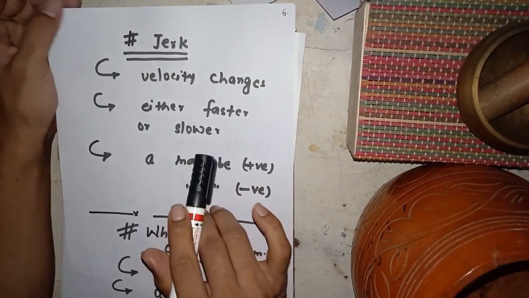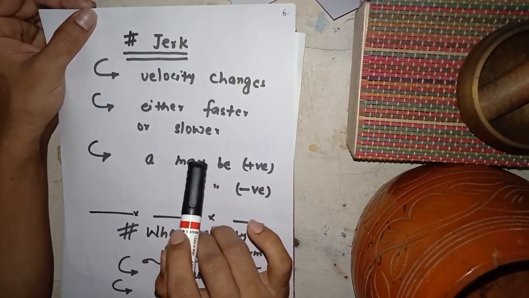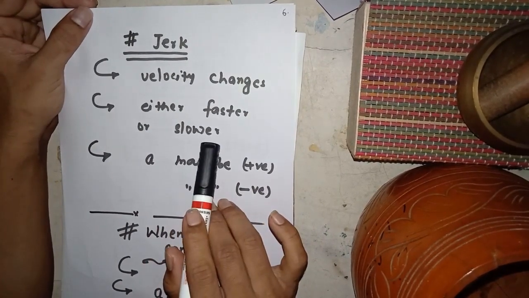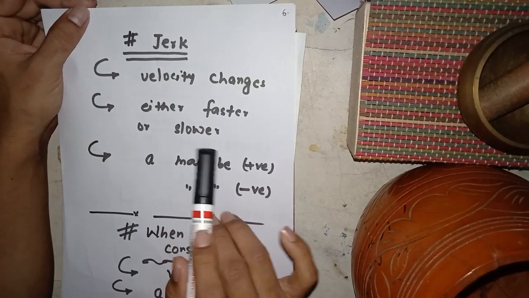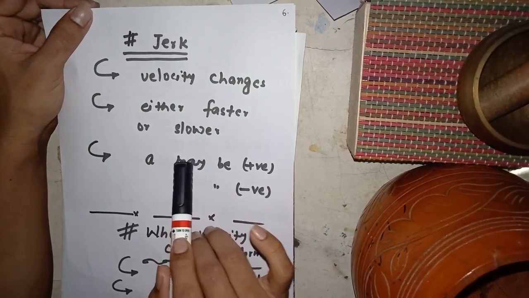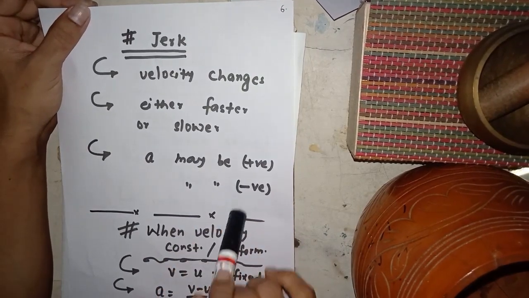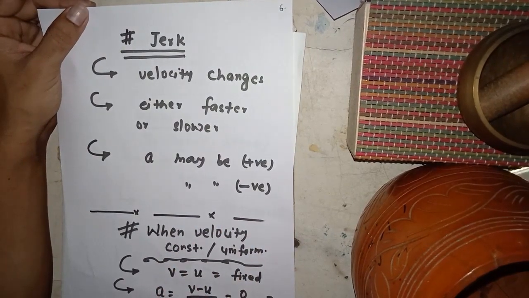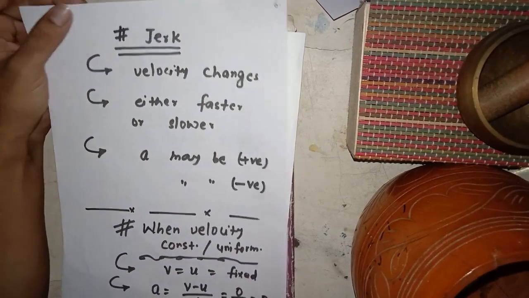It depends on the situation. So a jerk may increase or decrease the speed of the object. So in this case a may be positive, a may be negative, as per the situation given in the problem.